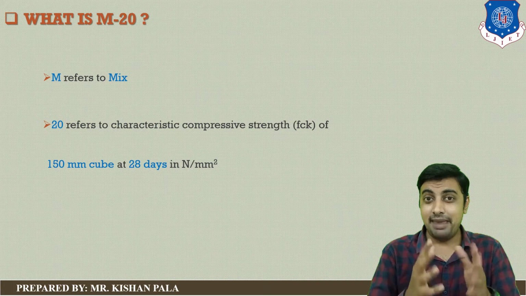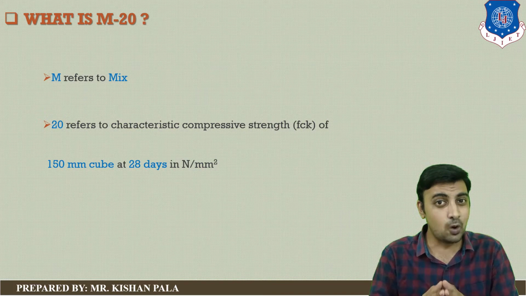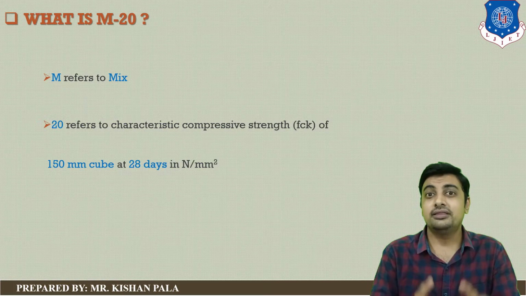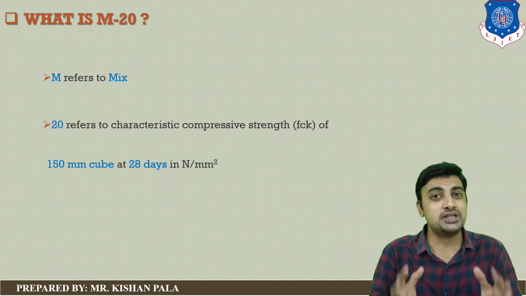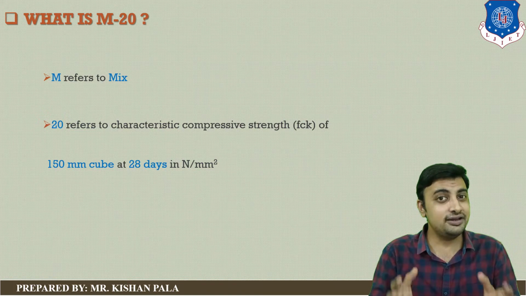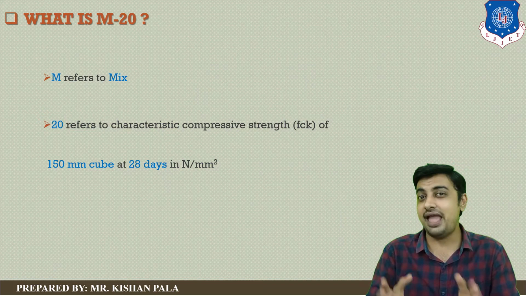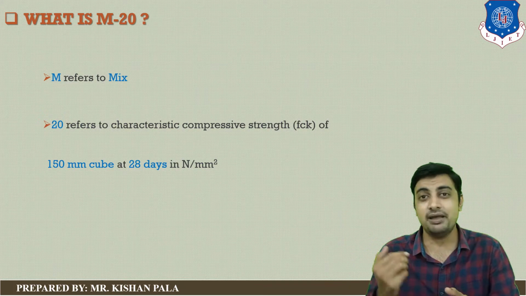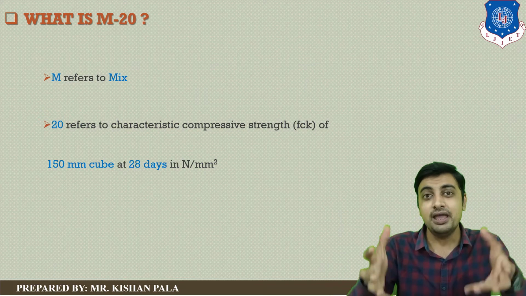If you are making M100 grade of concrete, it means you have to assure that your concrete gives a minimum compressive strength of 100 Newton per mm square at the end of 28 days with the 150 mm by 150 mm by 150 mm cube.